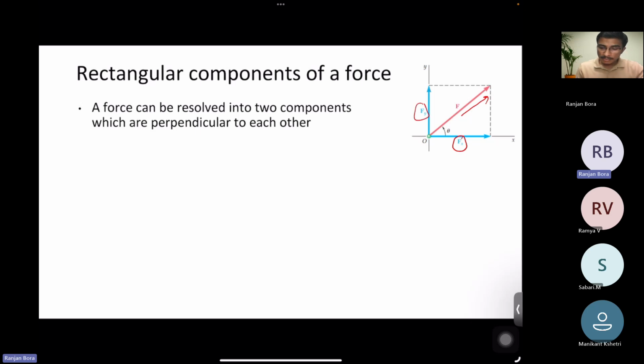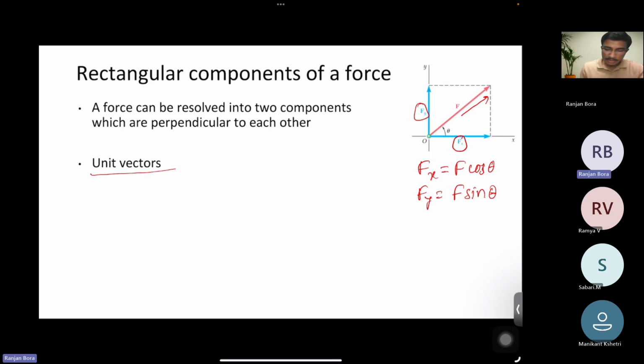Now what is the magnitude of this x component? Fx equals F cos theta, and the magnitude of the y component is Fy equals F sin theta. So if you know the value of theta and F is given, then you can find out the two rectangular components of this force along the x and y axis.